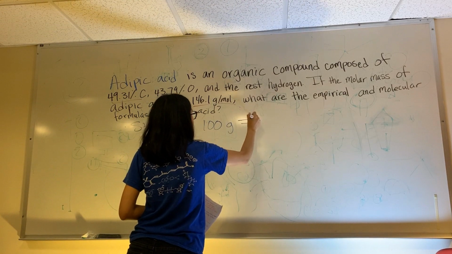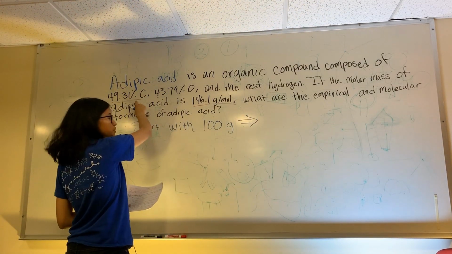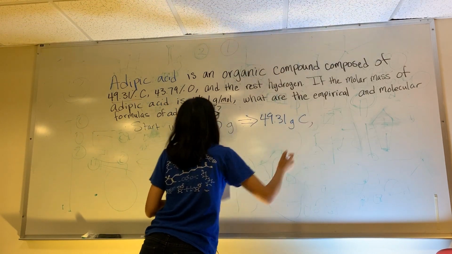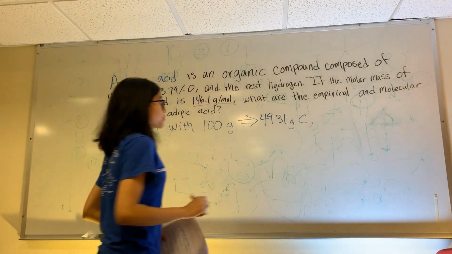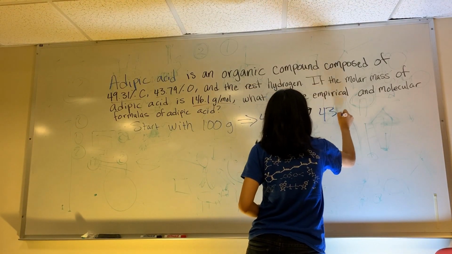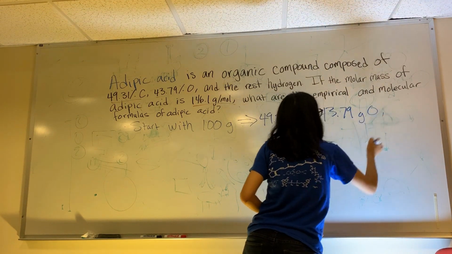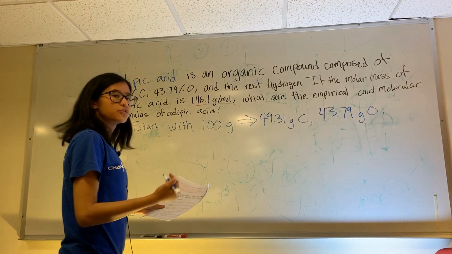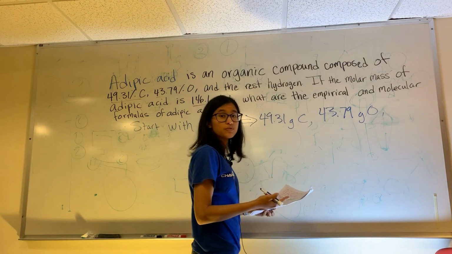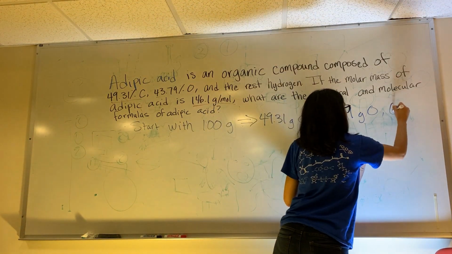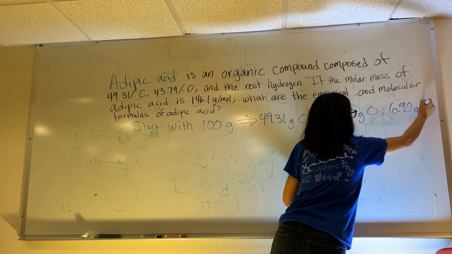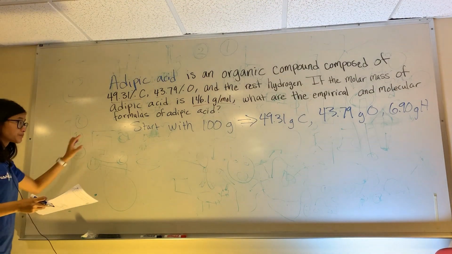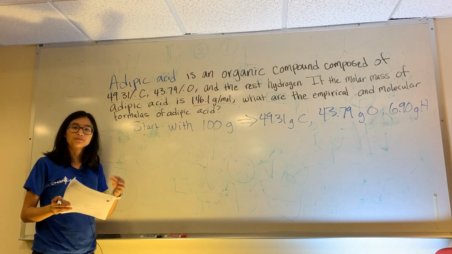Out of the 100 grams, because of these percents, we've got 49.31 grams of carbon, 43.79 grams of oxygen, and the rest hydrogen, so we subtract 100 minus 49.31 minus 43.79 and get 6.90 grams of hydrogen.